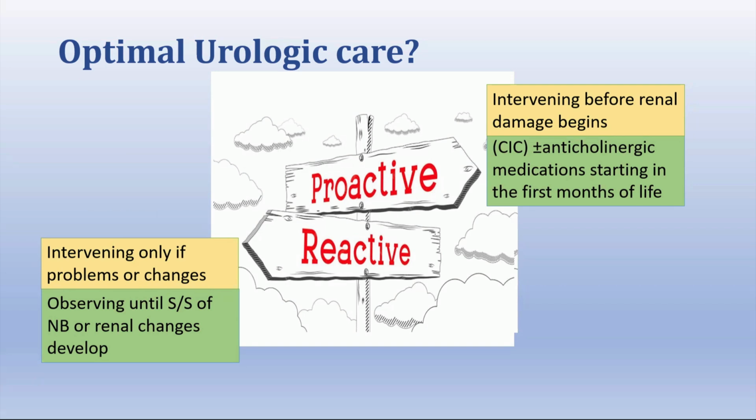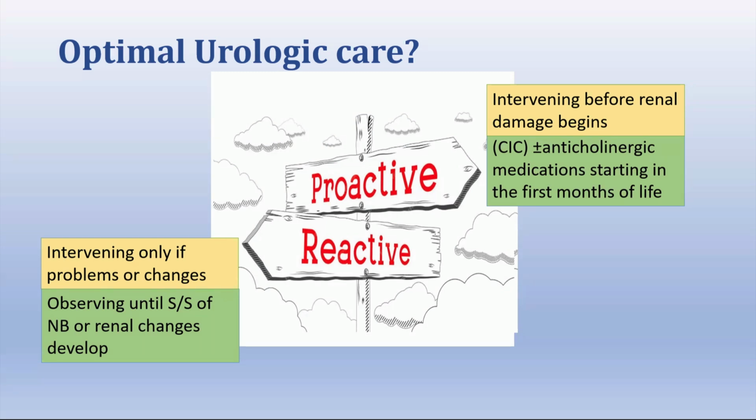Moreover, the main premise is that early intervention improves the compliance and acceptance of clean intermittent catheterization in parents and the children, because eventually many of these are going to require CIC later in their life, when they undergo augmentation or other procedures.